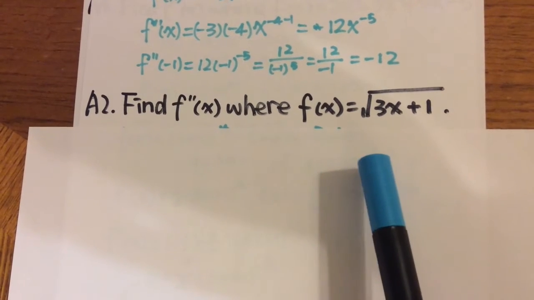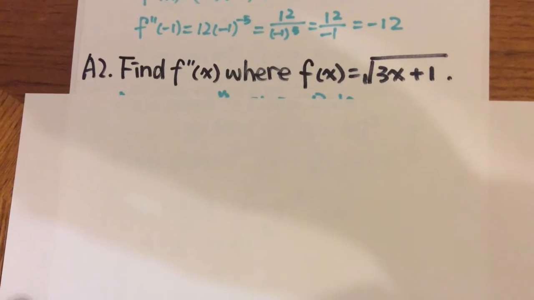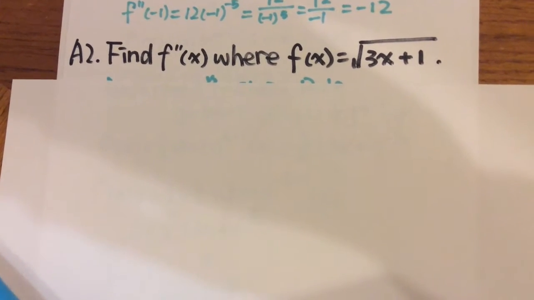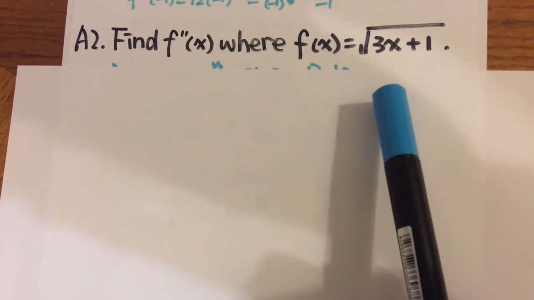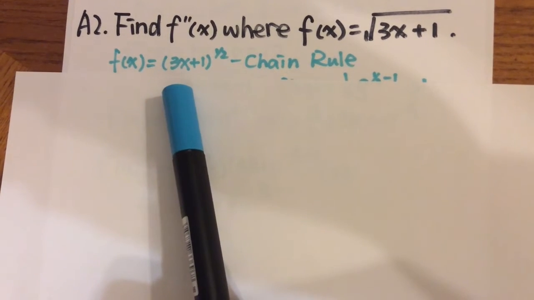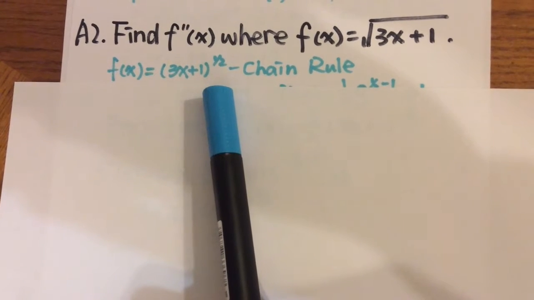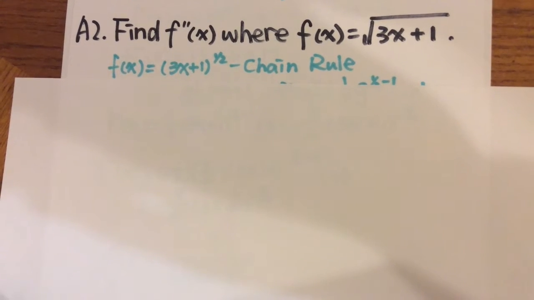Then we go to the second question: find f double prime of x, where f(x) is the square root of 3x plus 1. First, we write the square root of 3x plus 1 in a simpler form, which is 3x plus 1 to the power of 1 over 2. At this time we will use the chain rule.